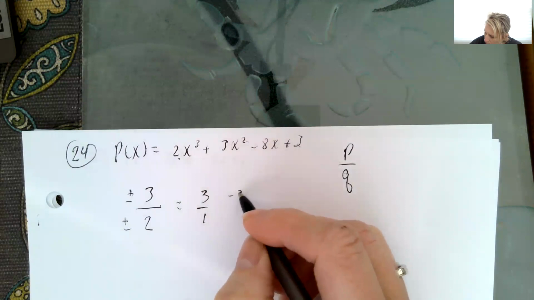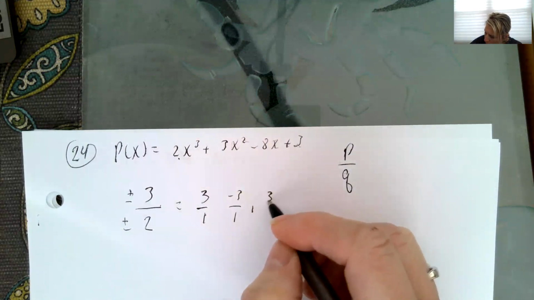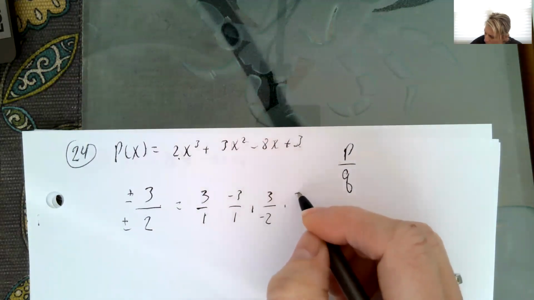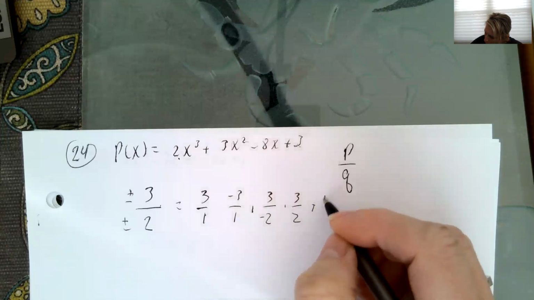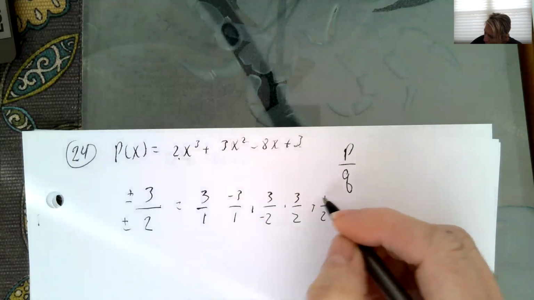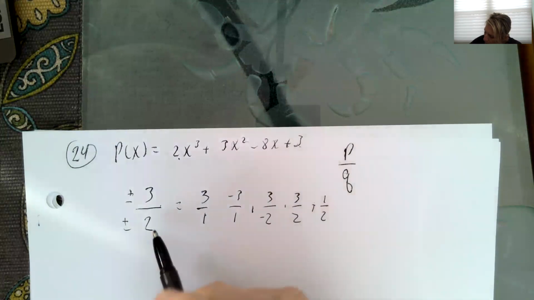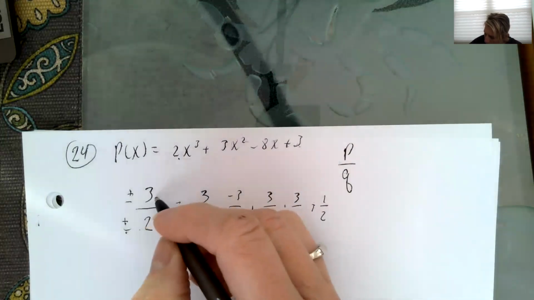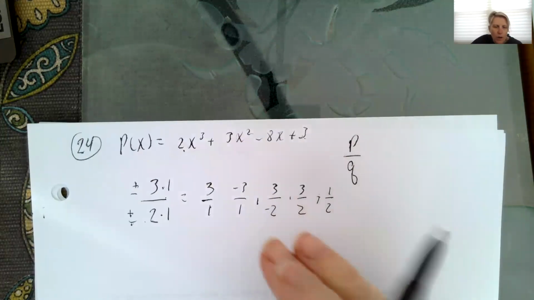You could have a negative 3 over 1. You could have 3 over a negative 2. You could have 3 over 2. You could have 1 over 2. So all the factors of plus or minus 2 times 1 essentially, and plus or minus all the combinations of 3 times 1. So we just need to find 1 to get us started.